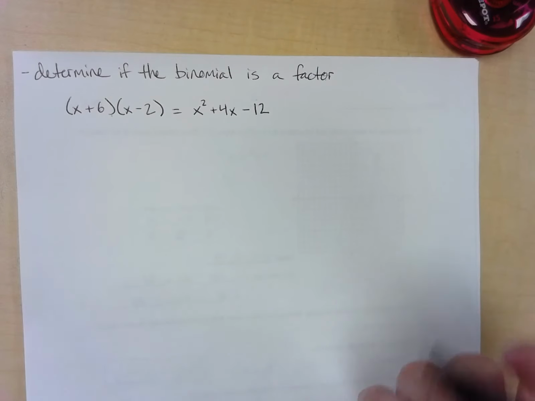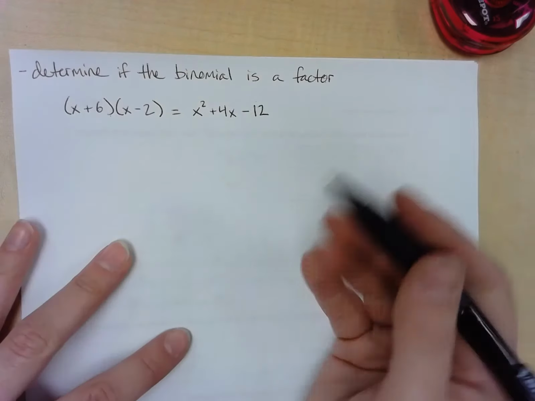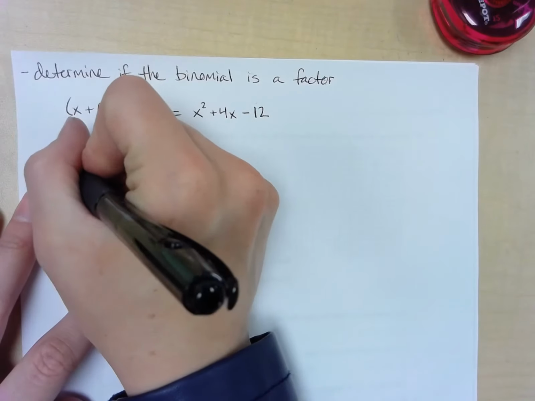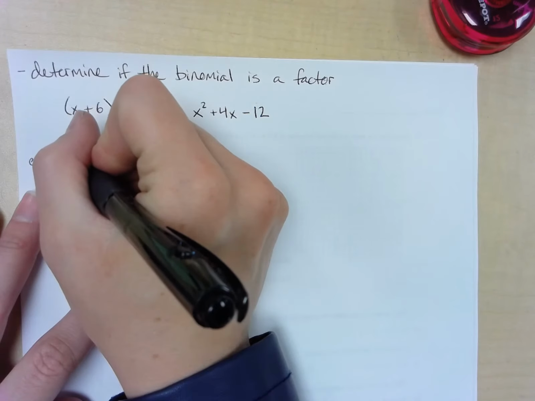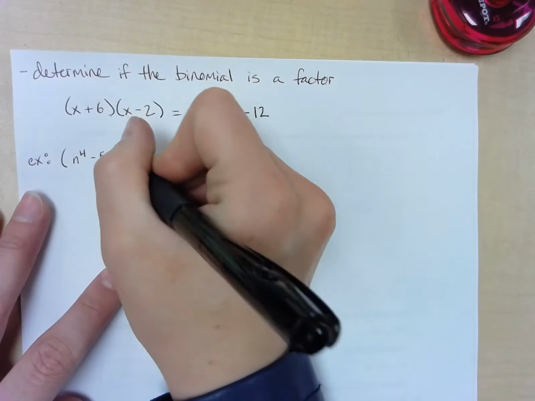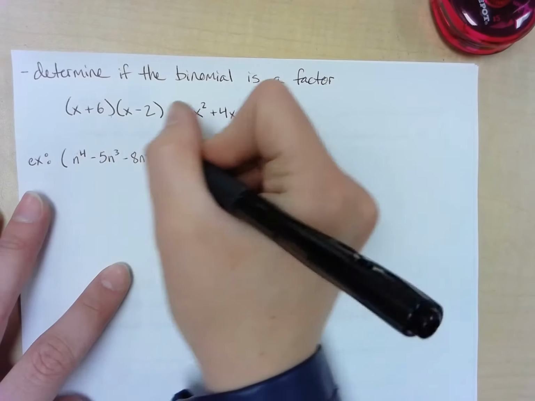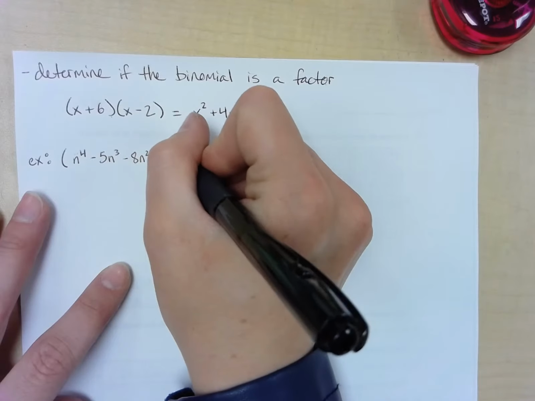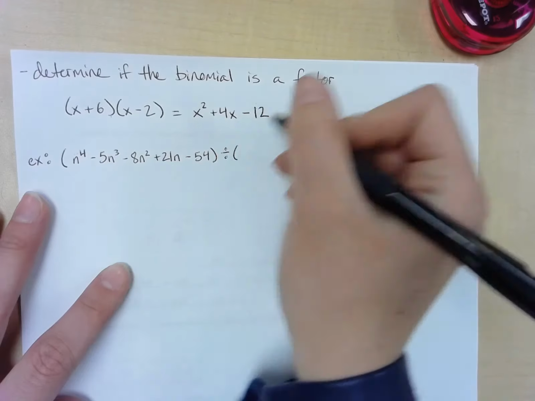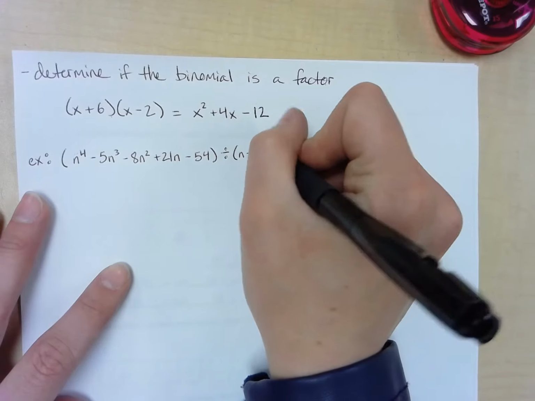So how could I check really quickly if something is a factor? Well, let's look at an example, of course. Let's see. n to the fourth minus 5n cubed minus 8n squared plus 21n minus 54 divided by n minus 6.